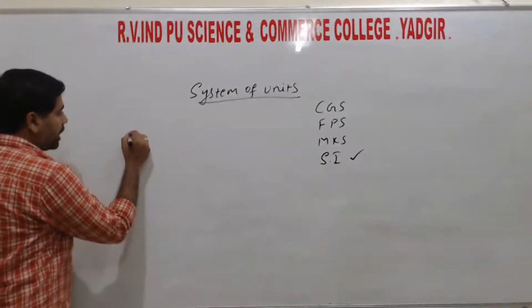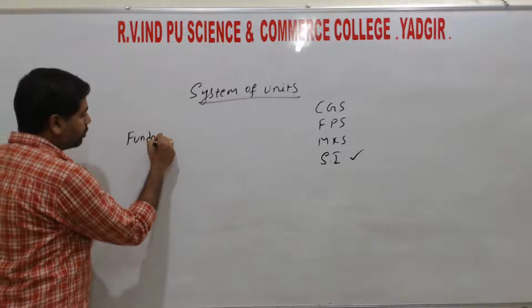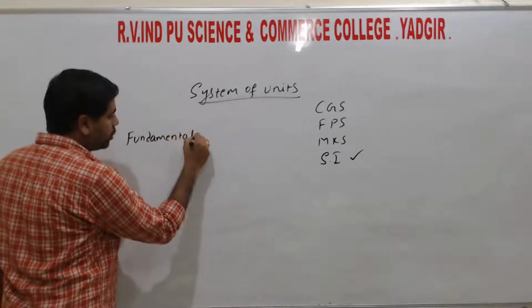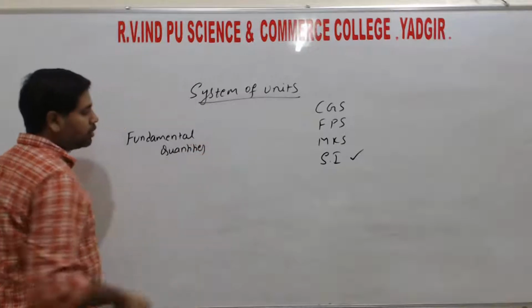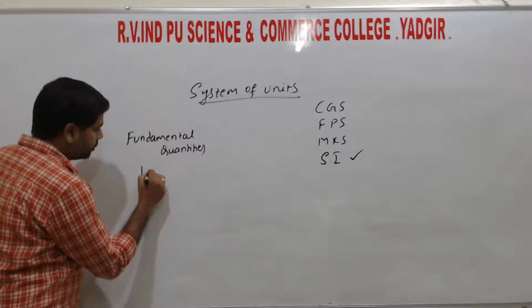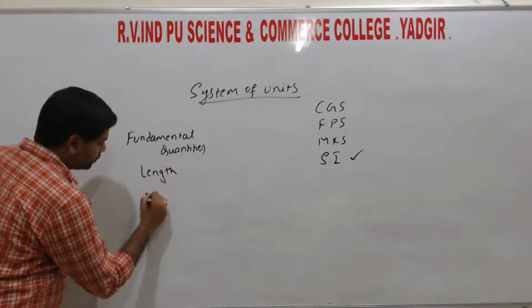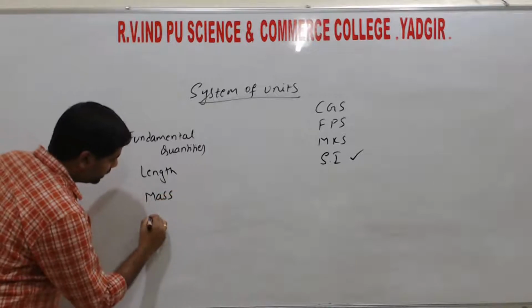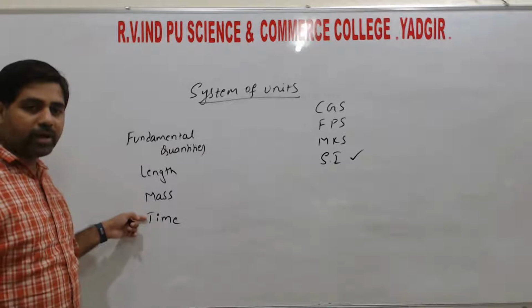First, here we write the physical or fundamental quantities. Which are the fundamental quantities? That is length, next mass, and next one is time. These are the fundamental quantities.